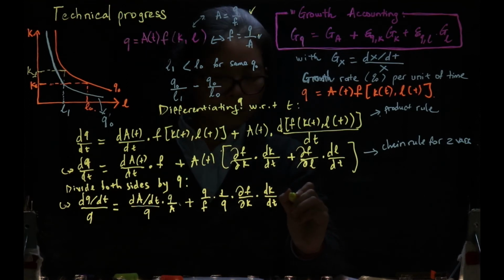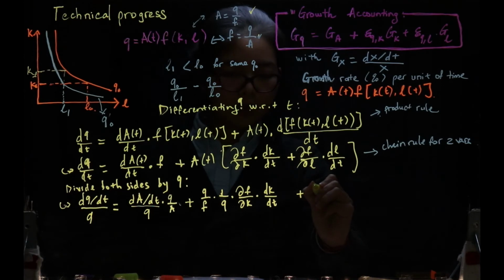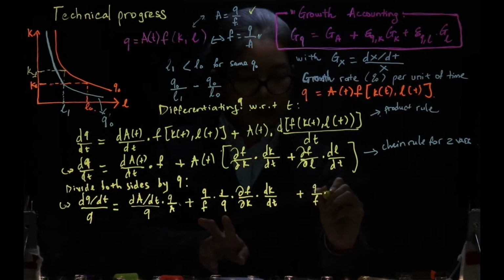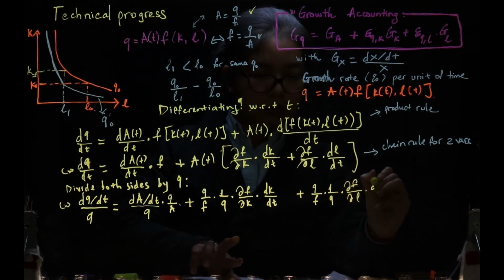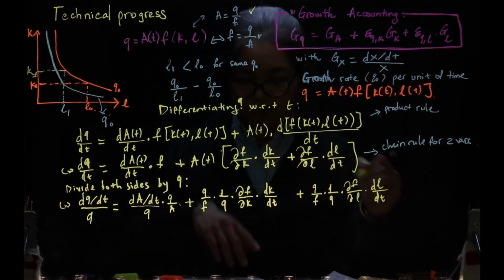And then plus, again we have Q over F, times 1 over Q, times the partial derivative of F with respect to L times the derivative of L with respect to t.